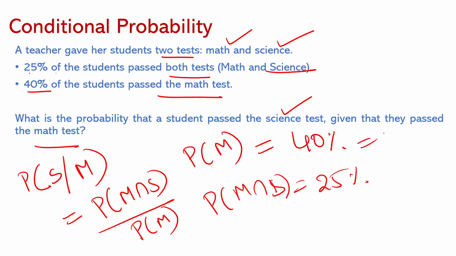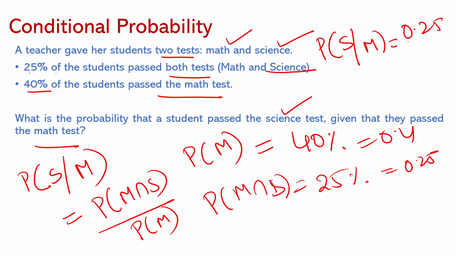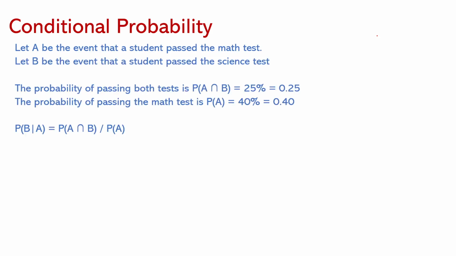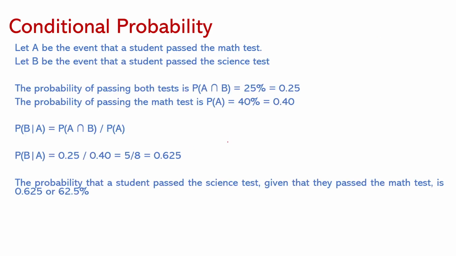So we write it in numerical form, 0.4 and 0.25. The probability of students passing the science test is nothing but 0.25 by 0.4. You may still simplify it. So it is nothing but 5 by 8, that is 0.625 is the probability.